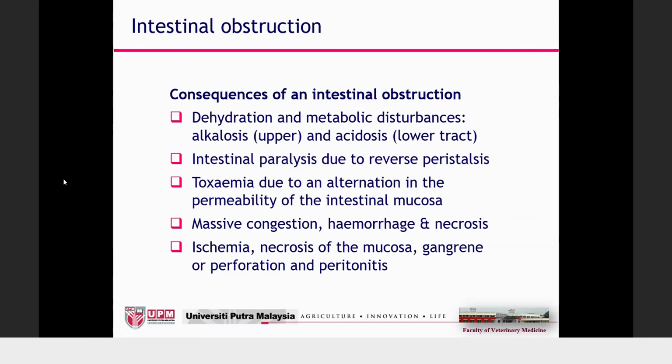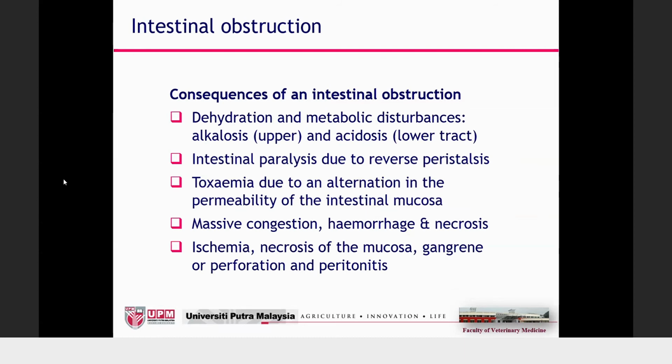So, what is important about intestinal obstruction? Okay. It can, of course, lead to death of the animals. Usually, the animal might have dehydration and metabolic disturbances.